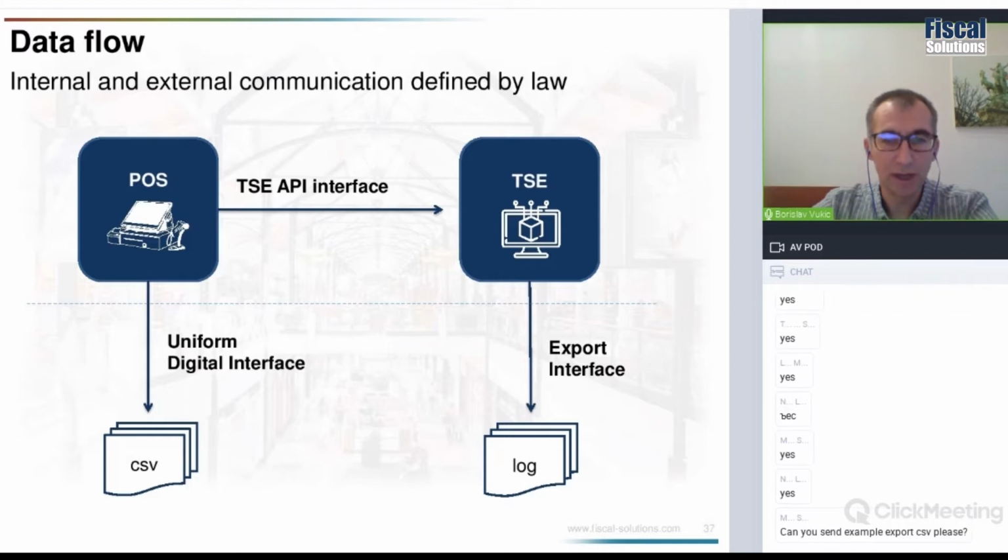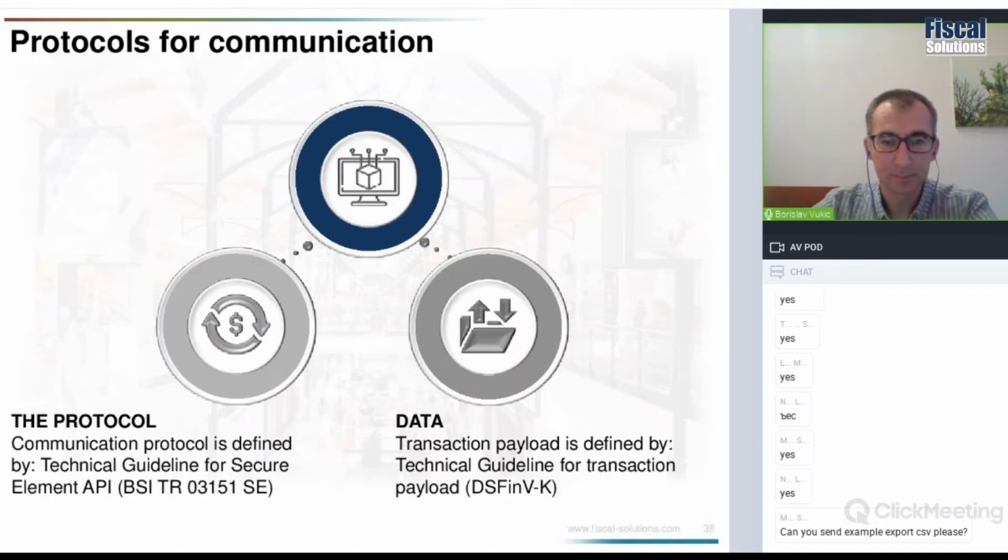All the communications between POS and TSC, both internal and external, are defined by law. In order to make all this work, the German fiscal authorities proclaimed three interfaces: TSC API interface, Uniform Digital Interface, and Export Interface. Communication protocol is defined by the BSI document.